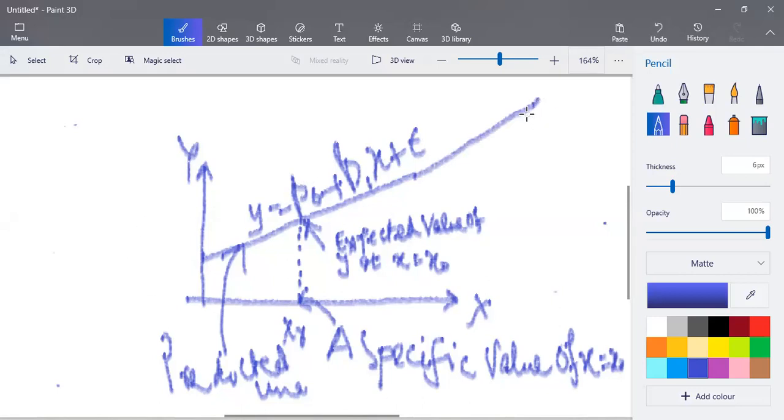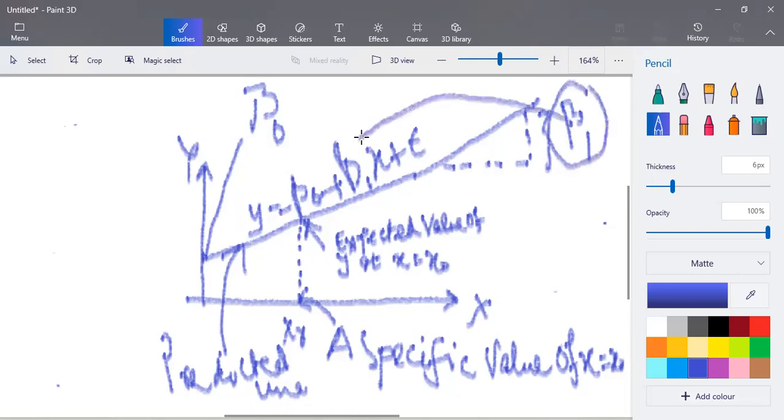If I draw this dotted line over here and I want to make a slope, this slope of the line is beta 1 and this is beta 0. So with 1 unit change of x, how much y is changing, this beta 1 signifies over here.